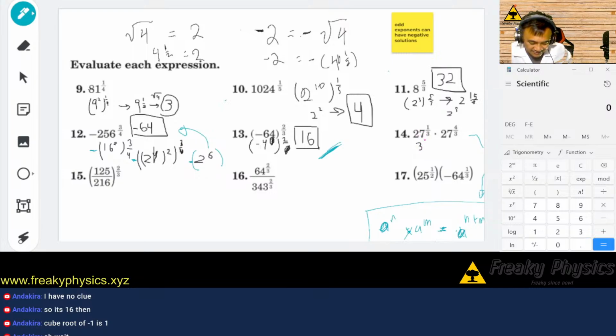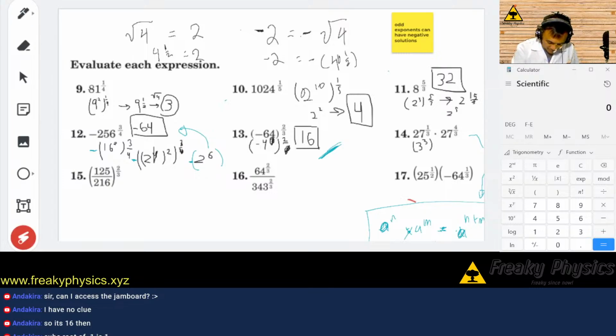Ah, that's right. So that's right. Okay, then where did the square come from? Because there's 27. You don't do that. Remember, you just go straight here. Just add the exponent. Okay.